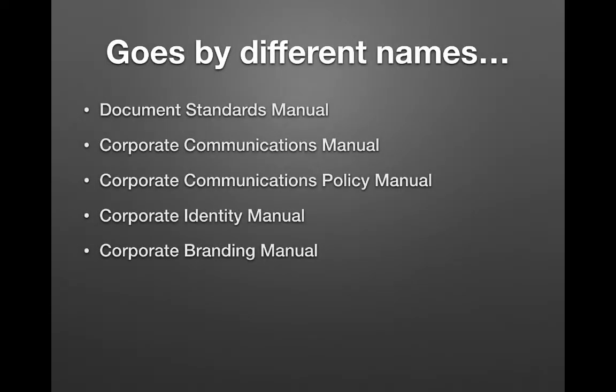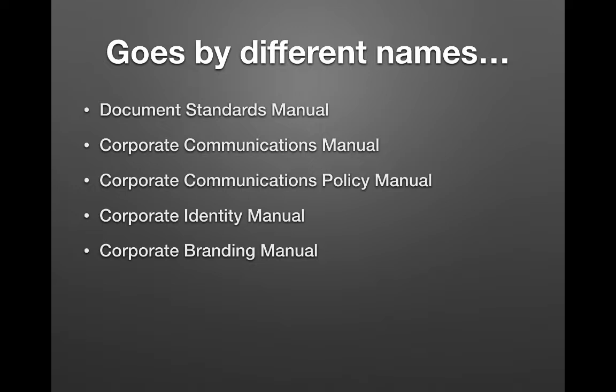Okay, the Document Standards Manual is basically what I'm calling this assignment. Sometimes I just refer to it as the manual, but it does go by different names in the wild. The first one, the one that I've been using, is Document Standards Manual, but you might also find it as Corporate Communications Manual or Corporate Communications Policy Manual.